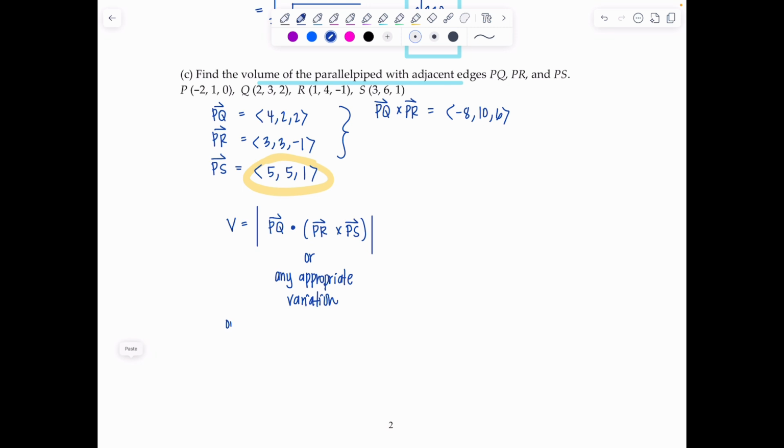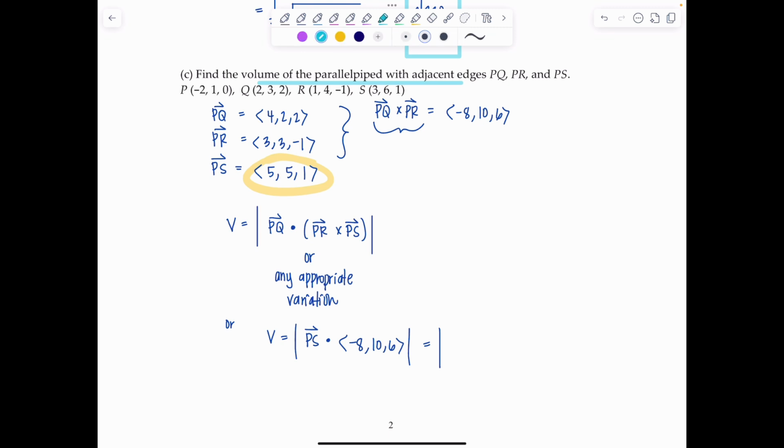So you could say volume is going to be PS dotted with this cross product here, negative 8, 10, 6. Okay. So absolute value of, let's do that dot product, 5 times negative 8, that's negative 40, plus 50, plus 6, boom, 16.